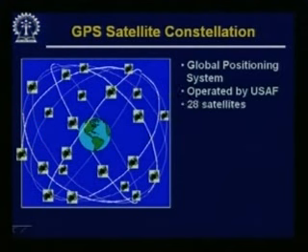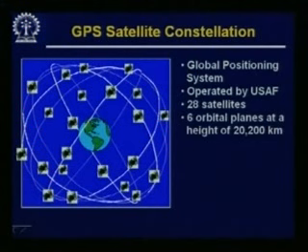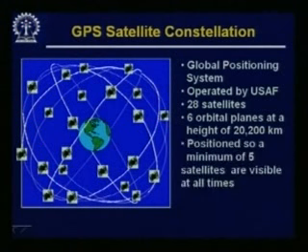There are 28 satellites in this, in 6 orbital planes at a height of about 20,200 kilometers. Since this is not the geostationary orbit, they keep on moving, and are positioned so that a minimum of 5 satellites are visible at all times.